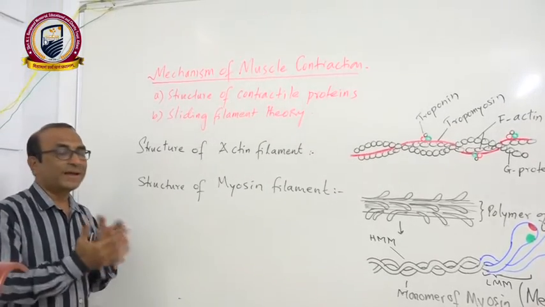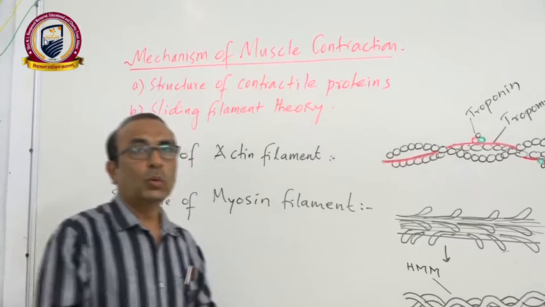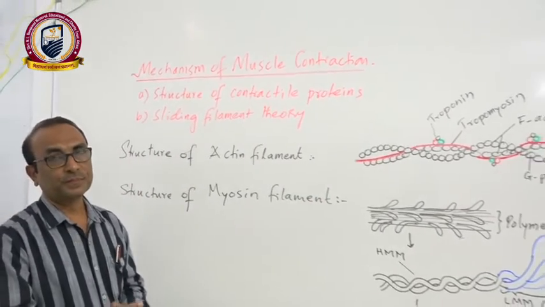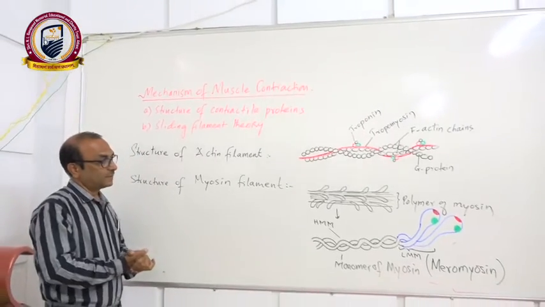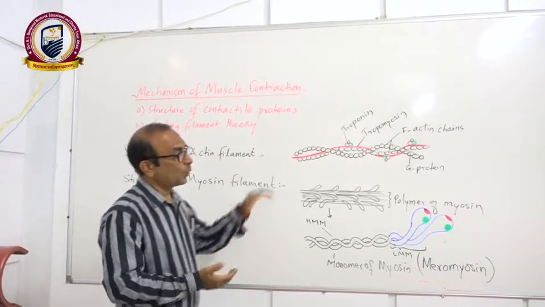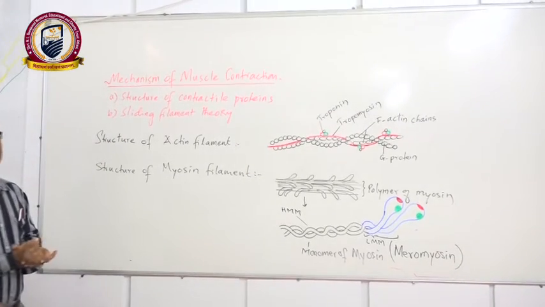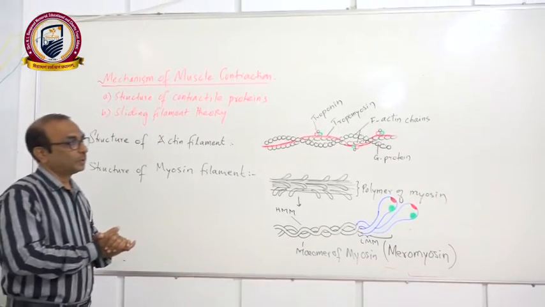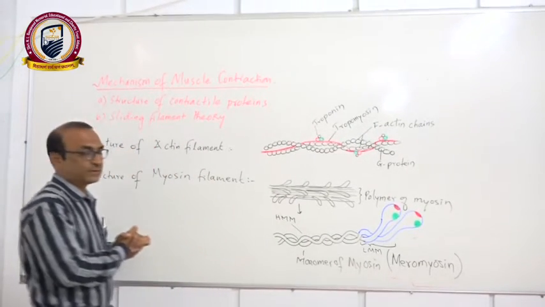To understand this mechanism, we should be very well versed with the structure of the contractile proteins. We know that actin filaments are the thin ones which you find in the I band or isotropic band of a sarcomere, as you have seen in my last lecture.